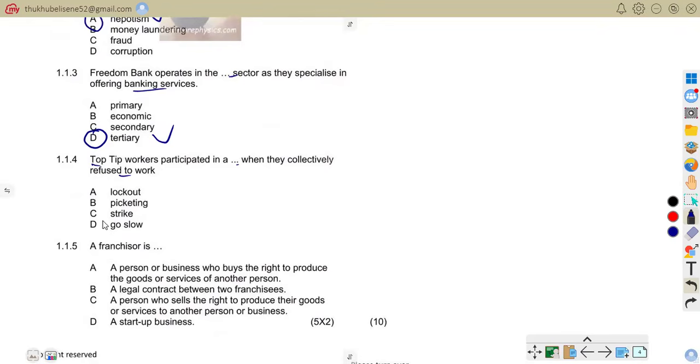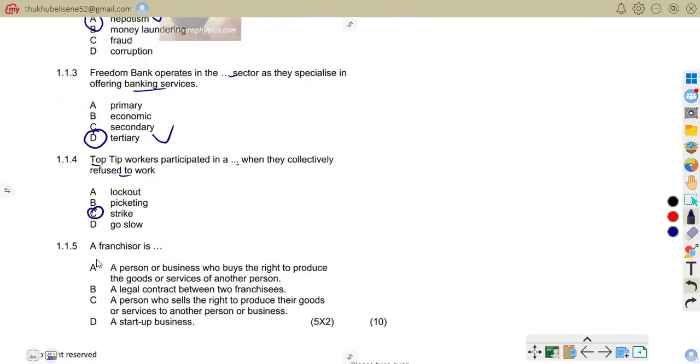The correct answer is C. Once they collectively refuse to work, it means they are on a strike. Once they stop working, once they stop production, it means there is something that does not sit well with them. And by saying the correct term, you're saying they are on strike.